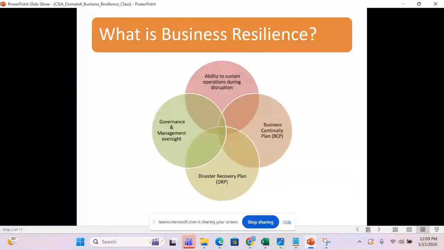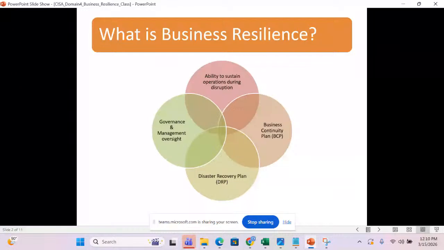If I'm working on one application and it goes down due to the internet service provider, can we switch over to another internet service provider so that our work can continue very well? That is just the simple definition of business resilience.